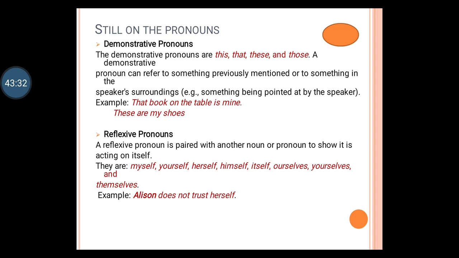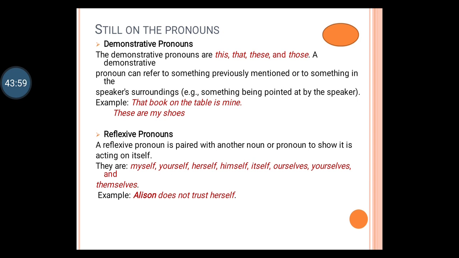So we use this and these for things that are close to us, and we use that and those to demonstrate things that are far away from us. That book on the table is mine, which means that book is not close to where I am. These are my shoes, which means the shoes are close to where I am.